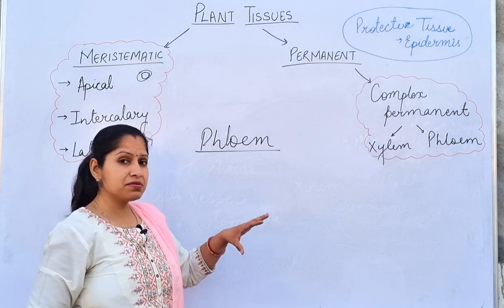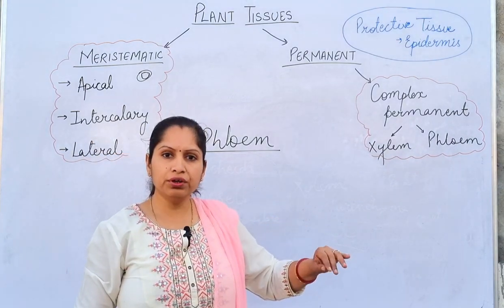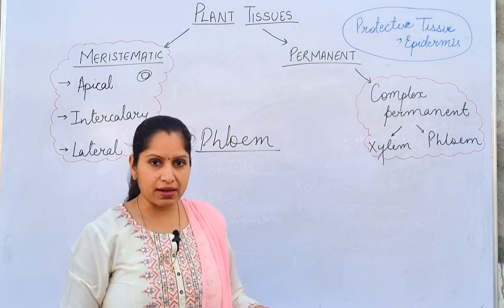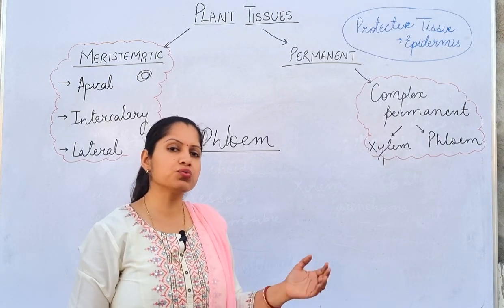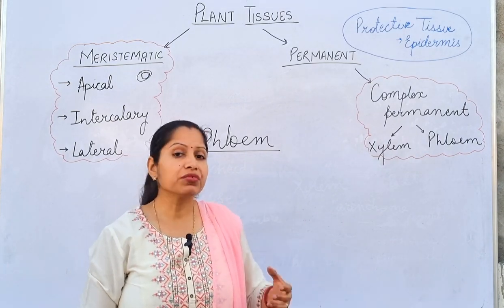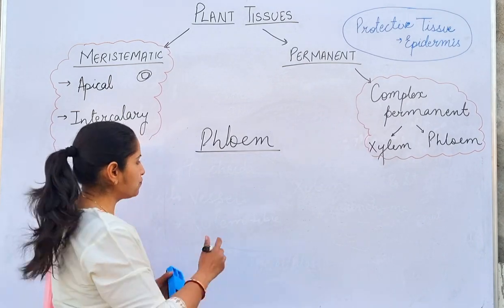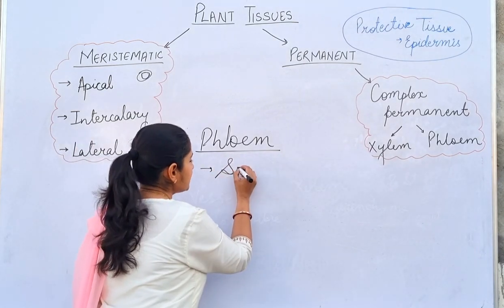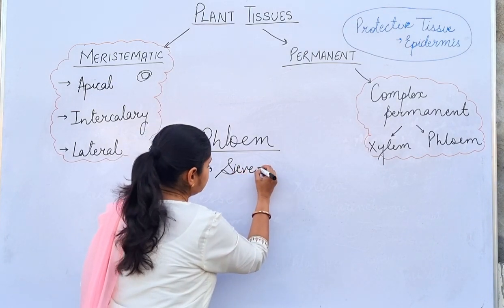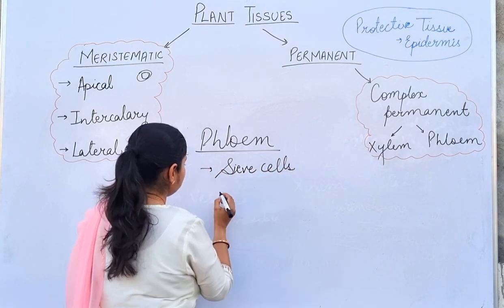This phloem helps in the transportation of food, hormones in the plants. The transportation of food and hormones will be done by the phloem. Now, when we talk about phloem, it is made up of 5 types of cells. These are the sieve cells. Do you know the meaning of sieve?